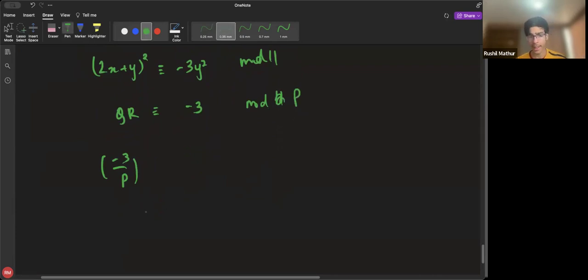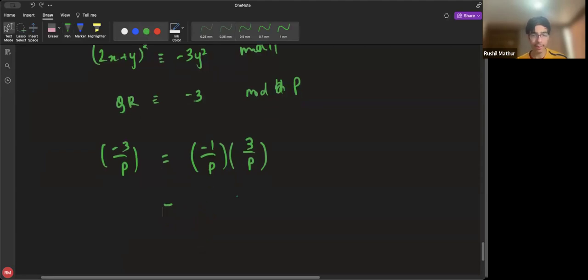So minus 3 by p is supposed to be minus 1 by p times 3 by p. But by our quadratic reciprocity trick, okay, maybe I'll do it separately.